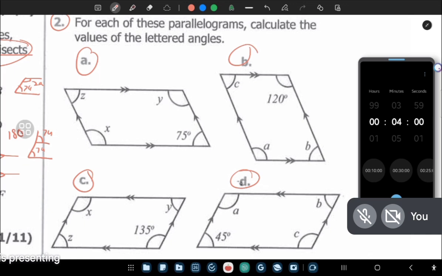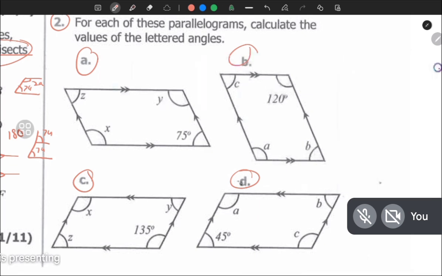You're done? X is 105. Y is also 105. And Z is 75. A is 120.